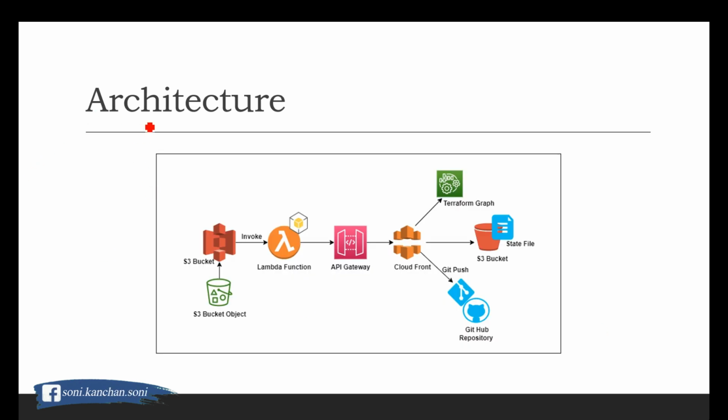Now, the architecture of the project, what we are going to design using Terraform code. All the services and infrastructure we are using in this particular project are in AWS. We are going to design the infrastructure in AWS using Terraform. Here is a high-level overview.